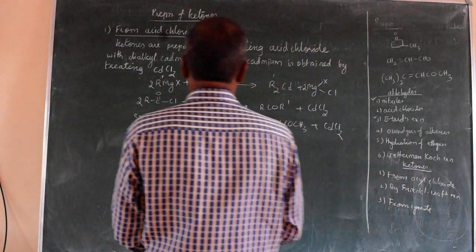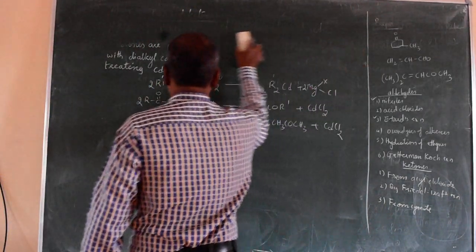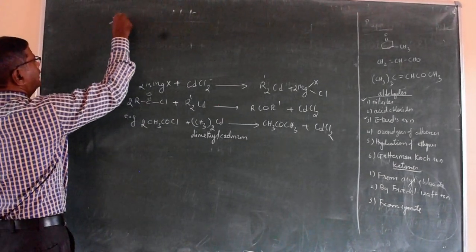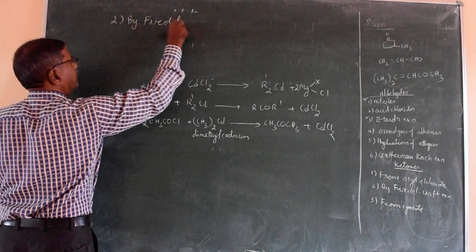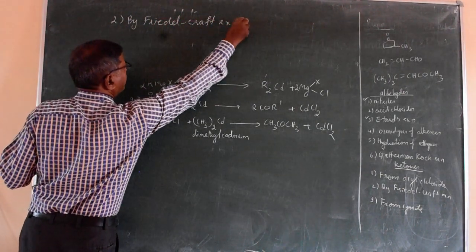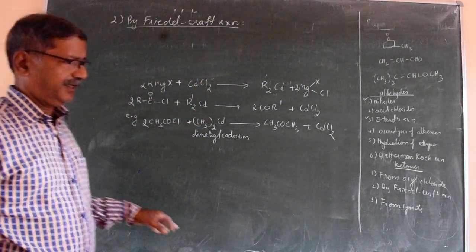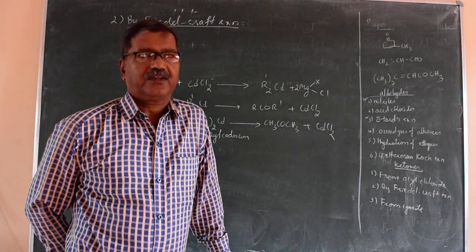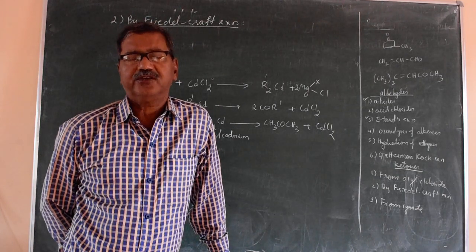Well, the next method is by Friedel-Crafts reaction. The second one is by Friedel-Crafts reaction. We know Friedel-Crafts reaction is nothing but the reaction of a hydrocarbon like benzene with acid chloride or alkyl chloride in presence of anhydrous aluminum chloride.